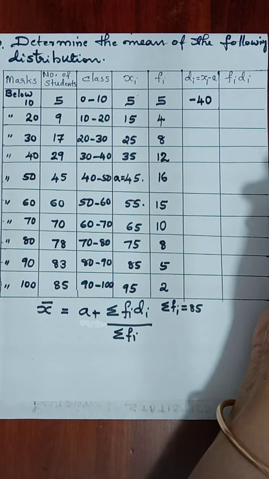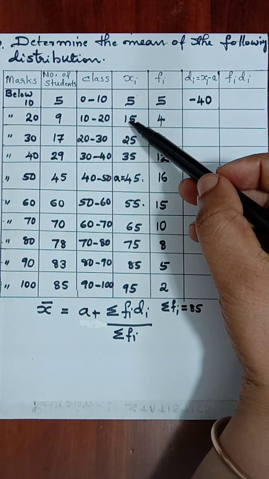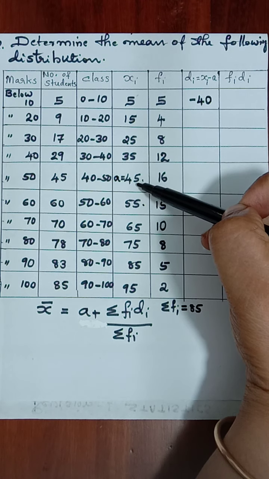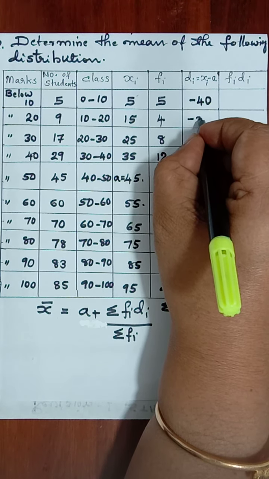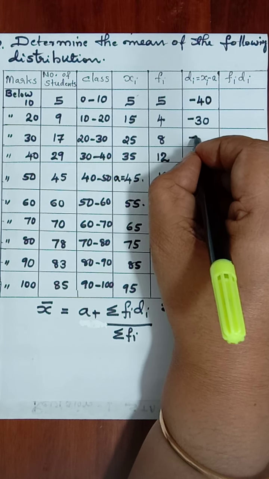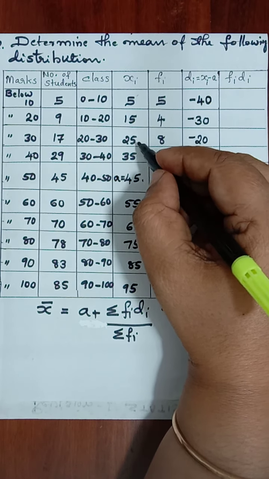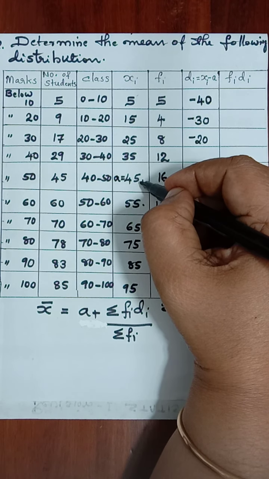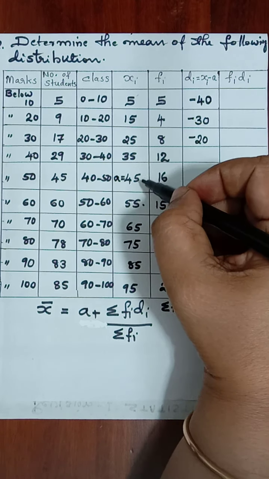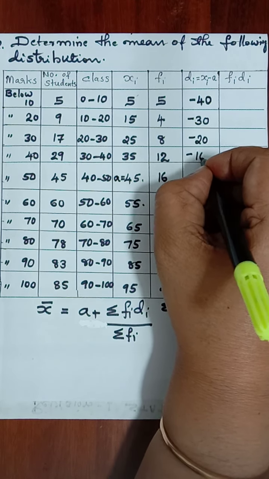Next number xi 15 minus 45, isn't it negative 30? Then comes negative 20, that is 25 minus 45. Then 35 minus 45, negative 10.